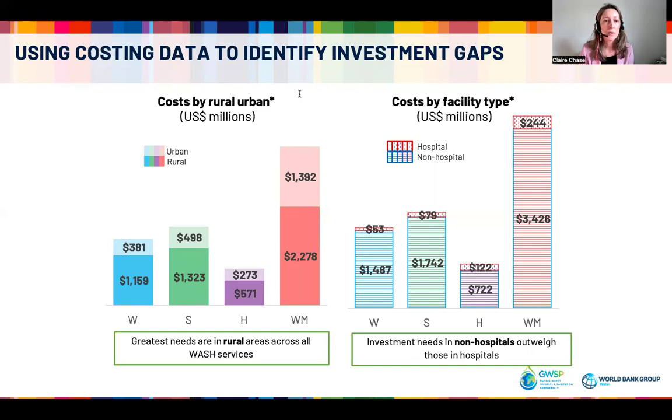And then also, where do those investments need to take place? Oftentimes there's emphasis on the hospital level, the more tertiary care level, because it's the most visible. It probably requires the most sophisticated WASH infrastructure. But as we see from the global study that was done here, most of the needs are in non-hospitals and more primary care settings. So that helps to motivate some of that discussion as well.